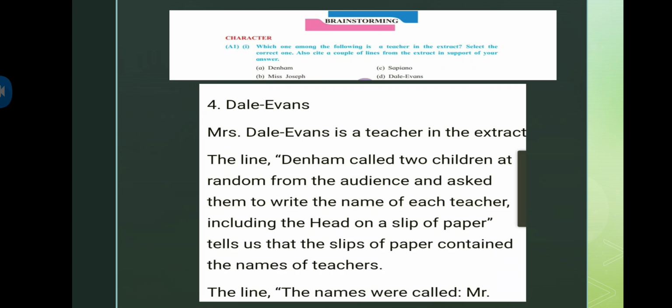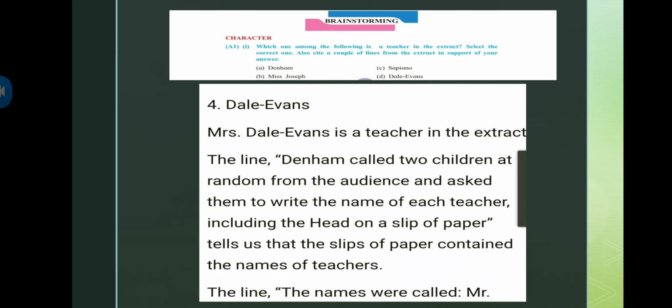The slip of paper contained the names of teachers. One of the names was Mr. Del Evans. So basically, when the students were called on the stage to write the name of a teacher, one of the students wrote the name of Del Evans. From there we get to know that yes, Del Evans is a teacher.